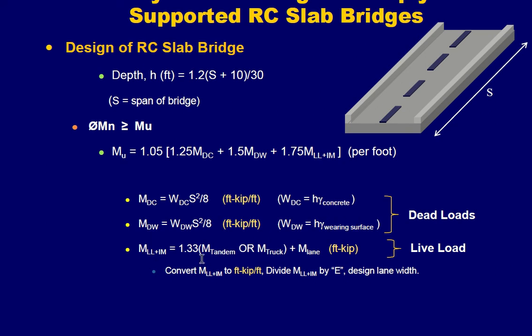Live load moment is, as we discussed previously, M tandem or M truck, whichever is greater, added to the lane moment, and it will give you the live load moment. Convert M live load to kip-foot per foot by dividing M live load by the design lane width, as we discussed previously. So it will give you MLL, the live load moment. This is how you perform the analysis and calculate the bending moments.